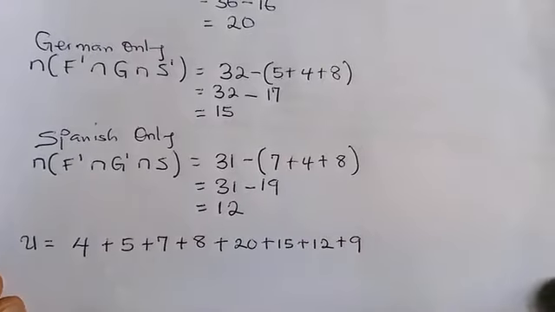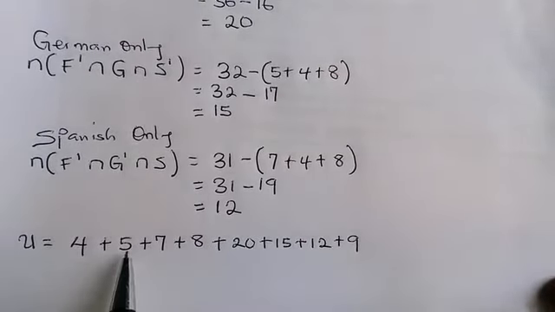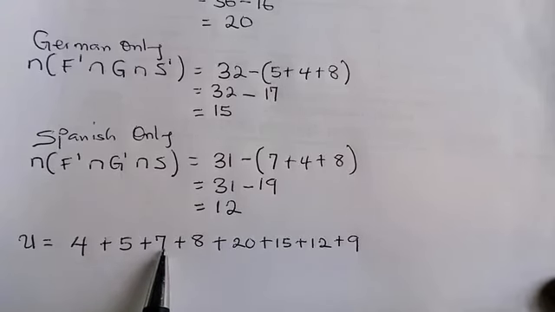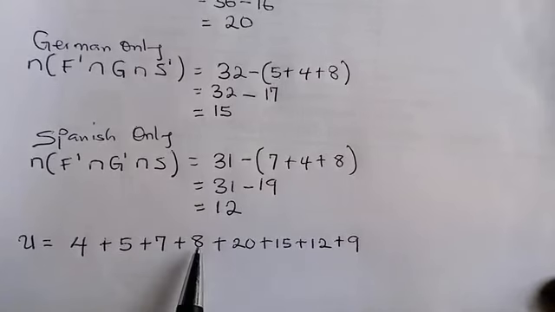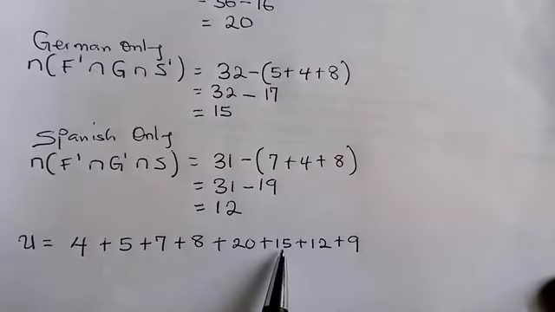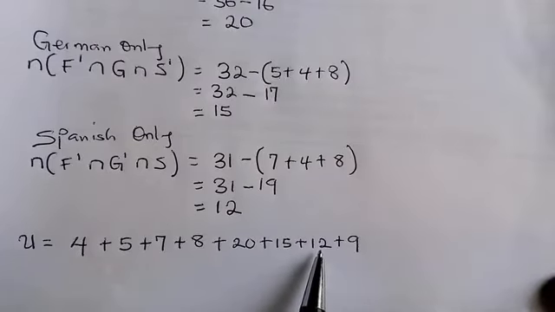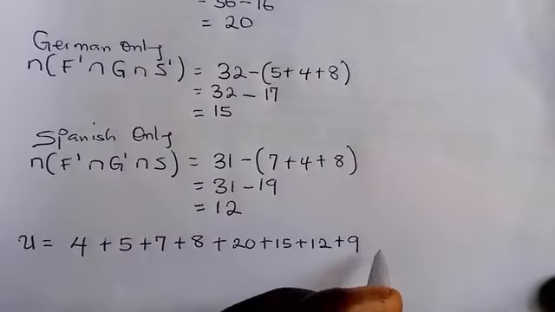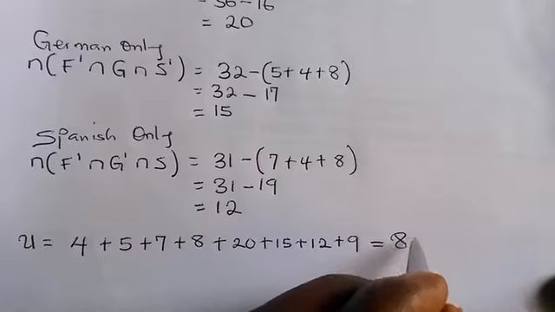We have 4 plus 5, we have 9. 9 plus 7 is 16. 16 plus 8, we have 24. 24 plus 20, we have 44. 44 plus 15, that's 59. 59 plus 12, that's 71. 71 plus 9, that's 80. So we have 80.